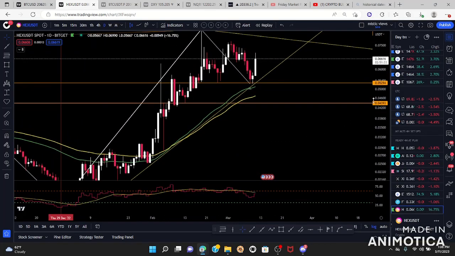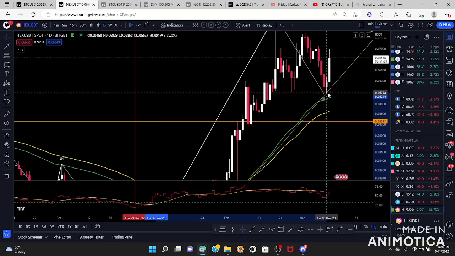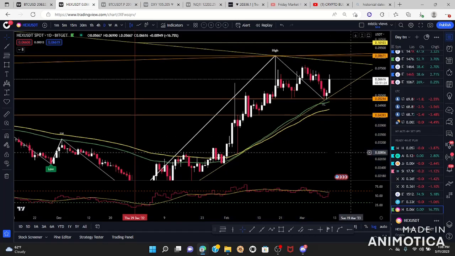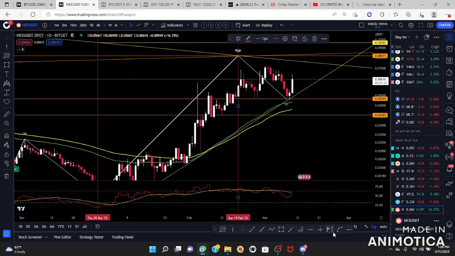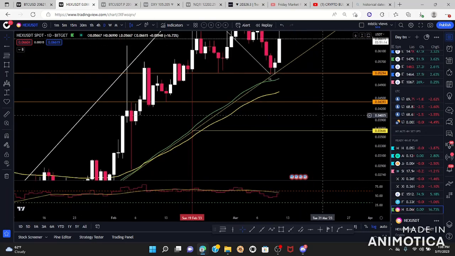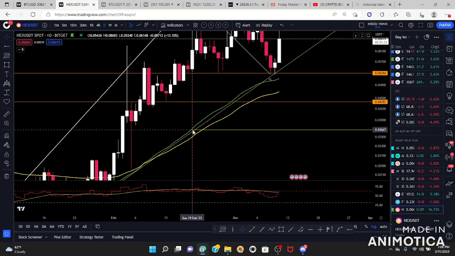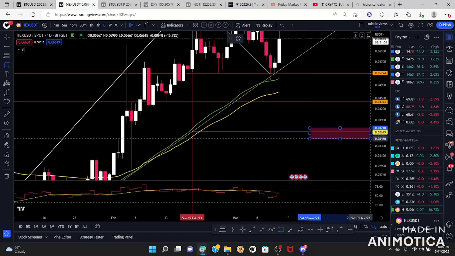So if we break to the downside from this point, I'm going to place a vertical line here, and my target would be 3646. That would be my bearish target here.